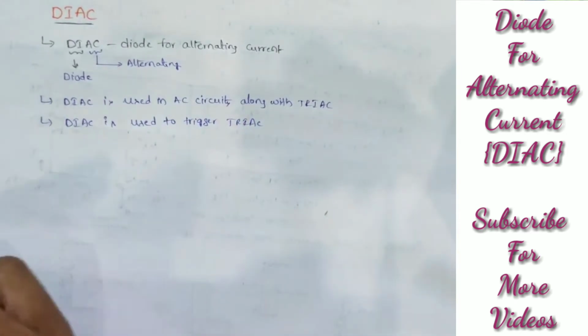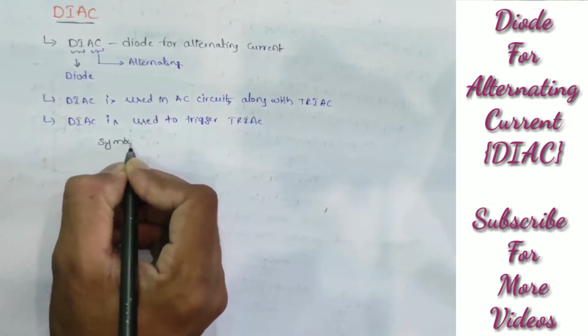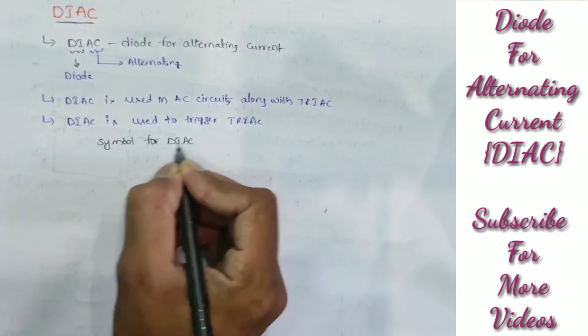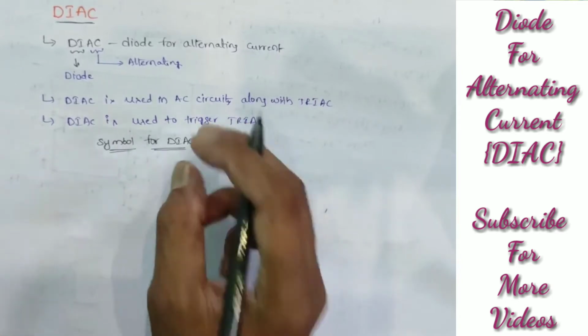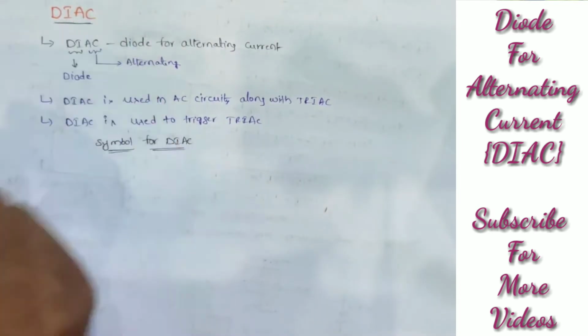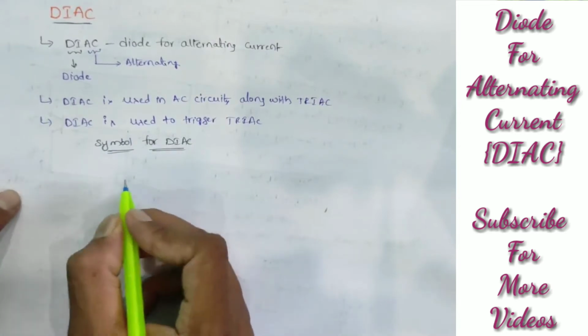Then we will see the symbol for diac. Normally the triac and diac symbols are similar, but in the diac there is absence of a gate terminal. Let's see this.